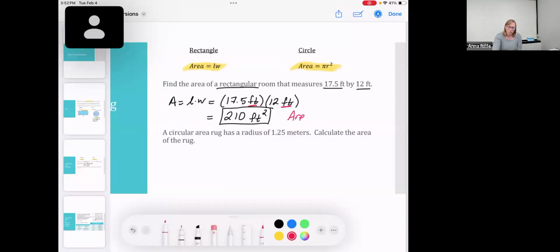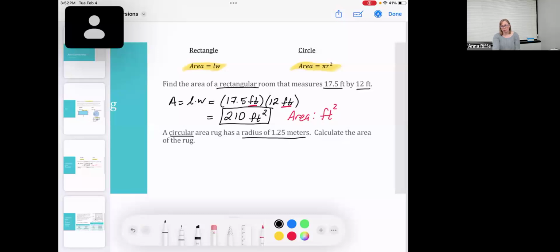So an area unit has the exponent on it, generally the exponent of 2. Okay. Let's do the second one. A circular area rug. So we are given the fact that there is a circle involved, with a radius of 1.25 meters.